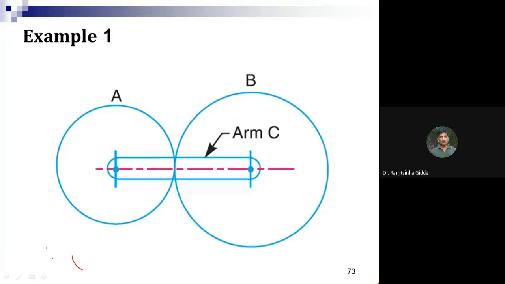For this numerical, we need to draw because they have not provided any diagram. So for understanding purpose, I have displayed it in advance. In an epicyclic gear train, an arm carries two gears.